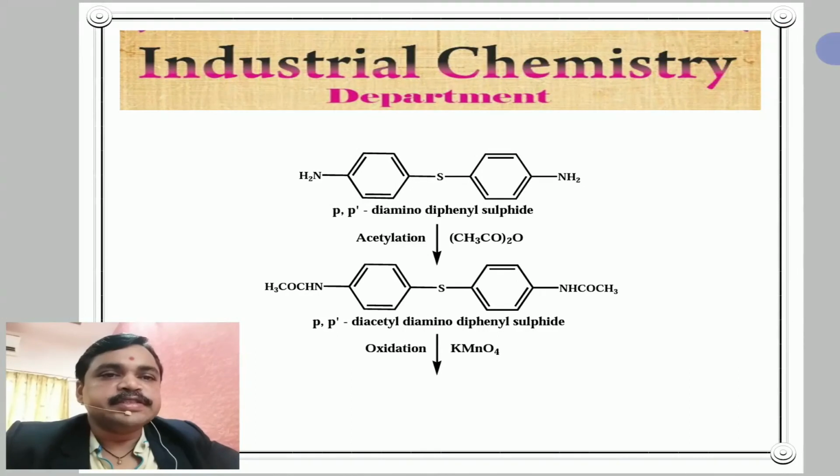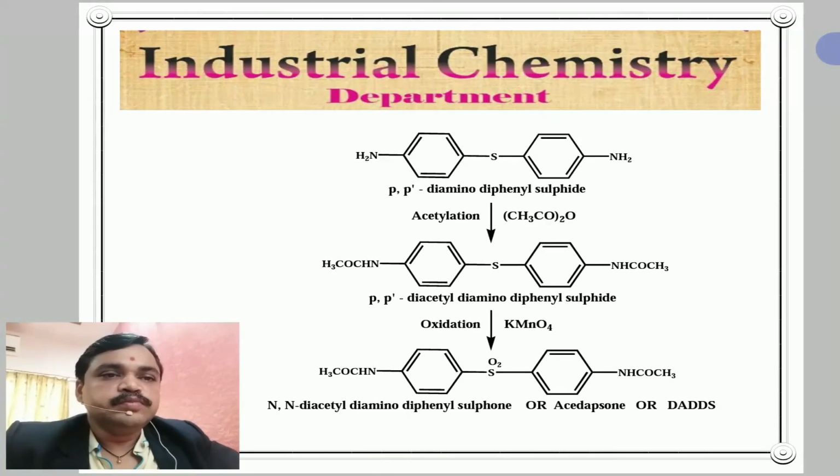After this, it is treated with potassium permanganate, KMnO4. Oxidation process takes place. So, sulfide is converted into sulfone.